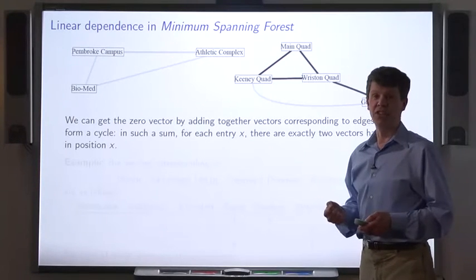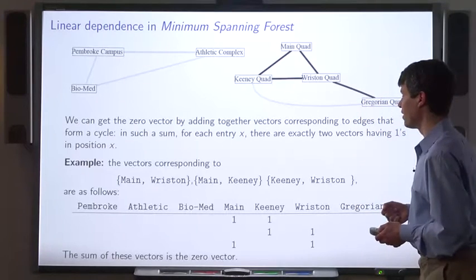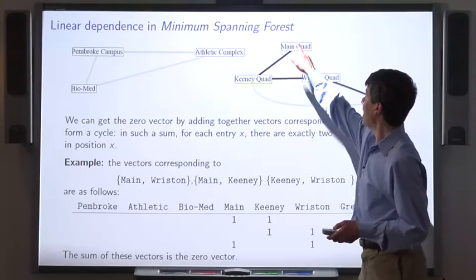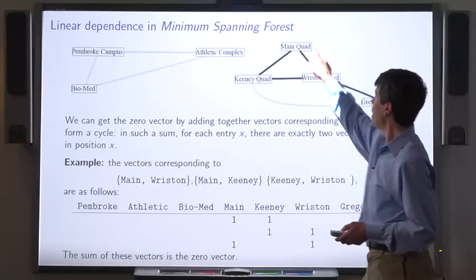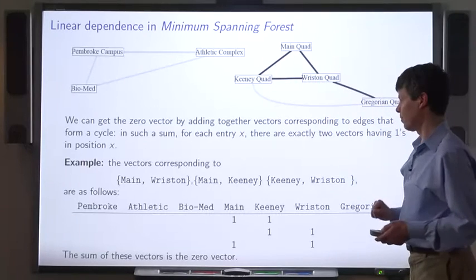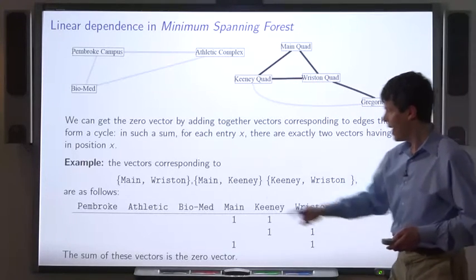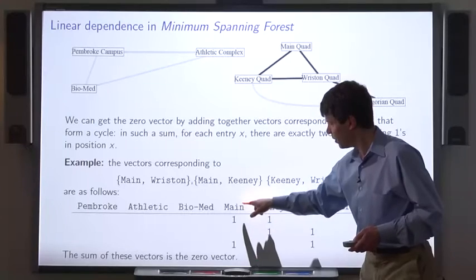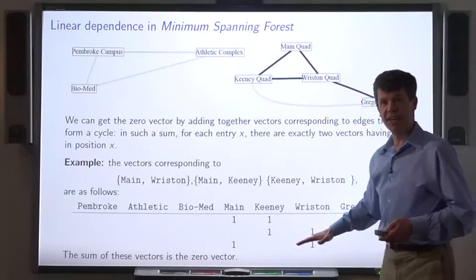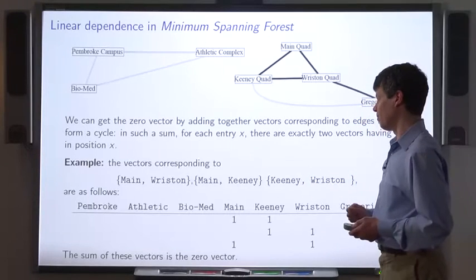So cancellation gives you a 0. So for example, take the vectors corresponding to Main Riston, Main Keeney, and Keeney Riston. In each position, there are an even number of 1s. So by summing these vectors, we get the 0 vector.